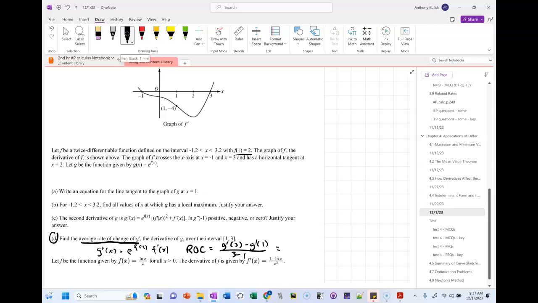So that's going to be e to the f of 1 times f prime of 1 minus e to the f of 3 times f prime of 3. Oh, yeah, thank you. So 3s and 1s.